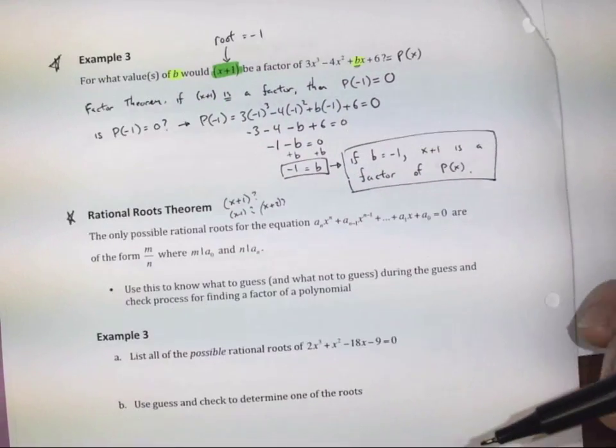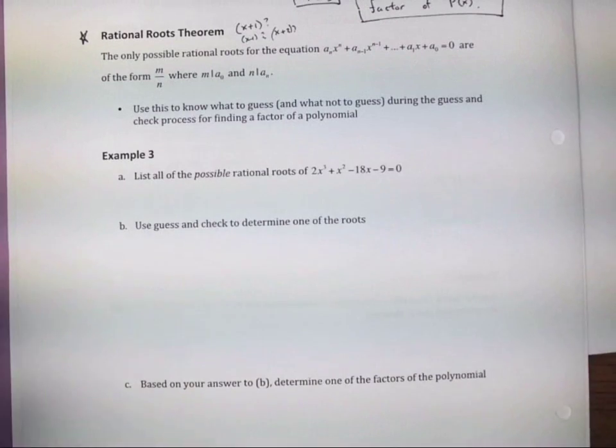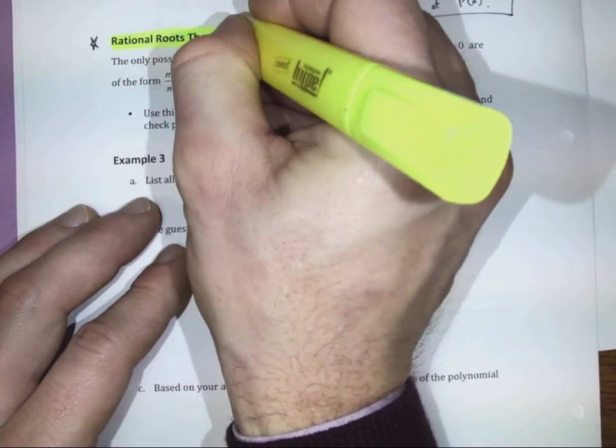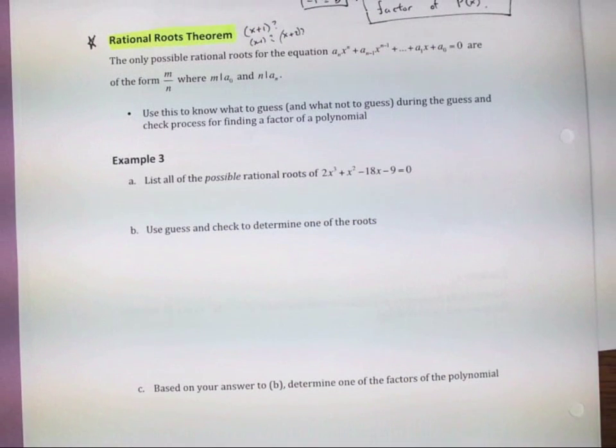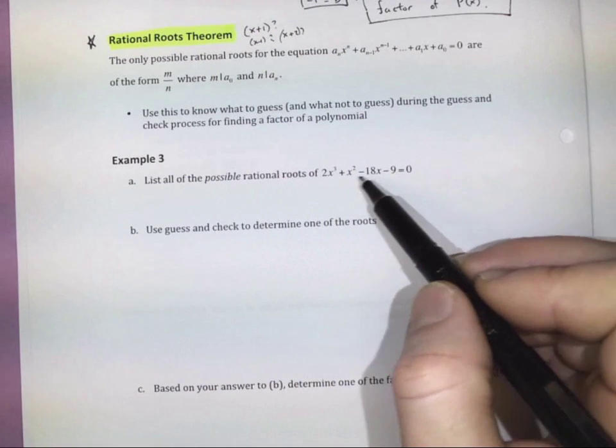All right, now, the rational roots theorem. This is a theorem that, in theory, you can get away without knowing, practically speaking, unless somebody asks you to list all the possible rational roots of some polynomial.